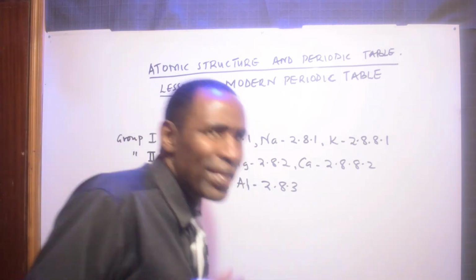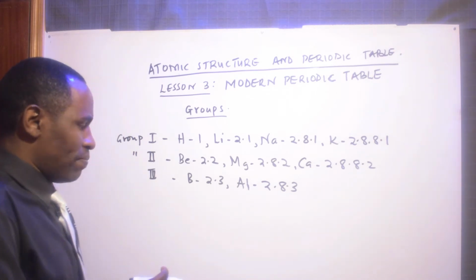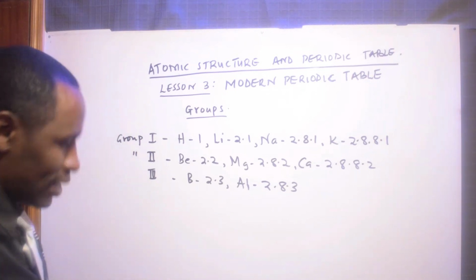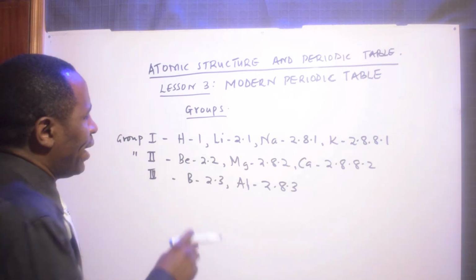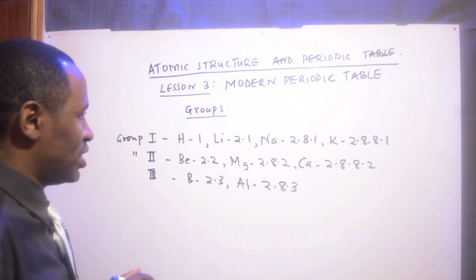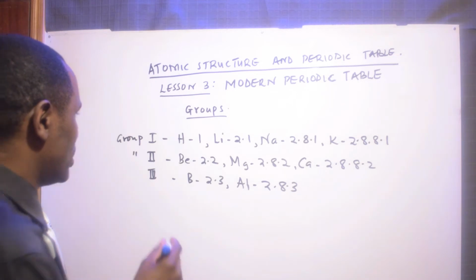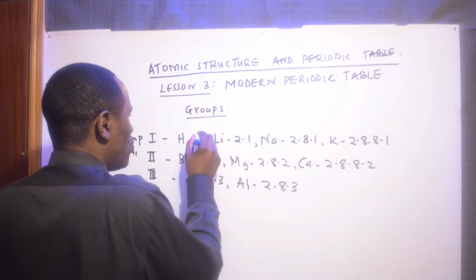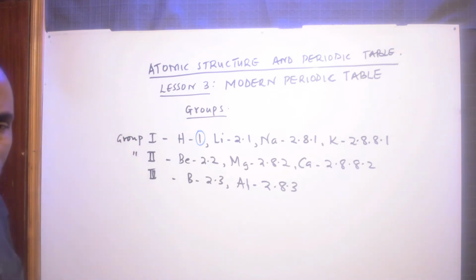Now, what is the similarity as far as members of the same group are concerned? If you look at the electron arrangement, there is something you can see. In group 1, hydrogen has 1 electron in the outermost energy level.